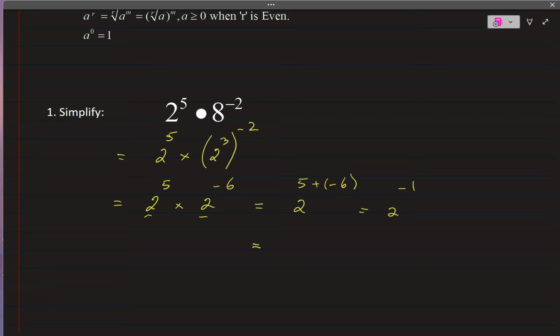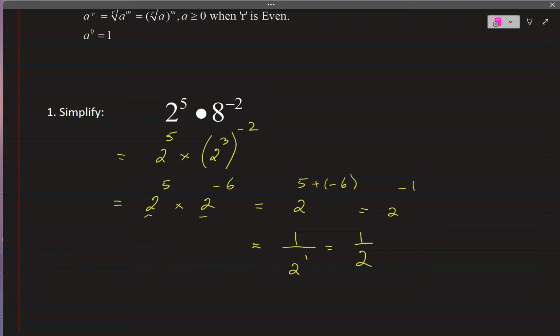Whenever you're simplifying exponent expressions, you must leave the answer with a positive exponent. So you cannot leave 2 to the -1; you have to change it to positive. That would be 1 over 2 to the 1, or 1 over 2.